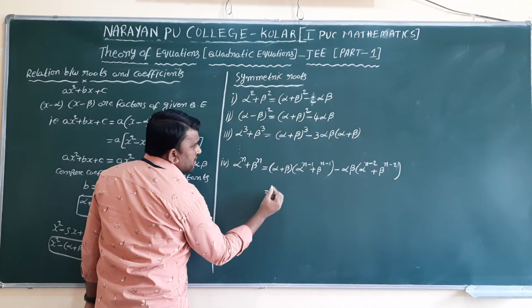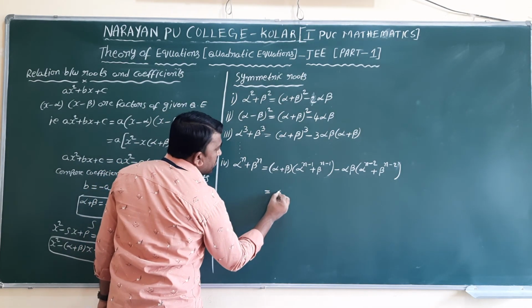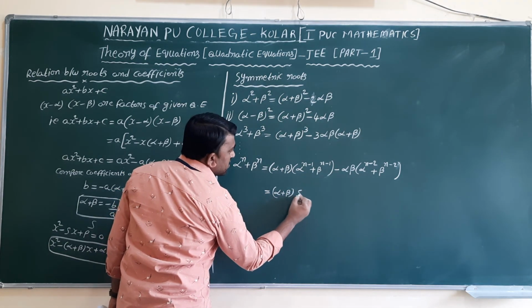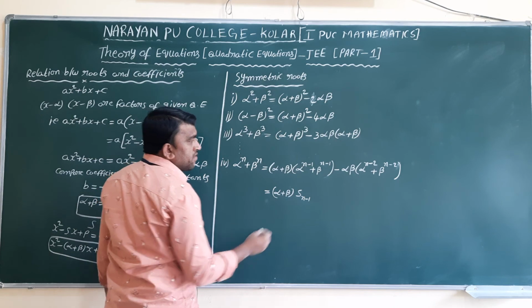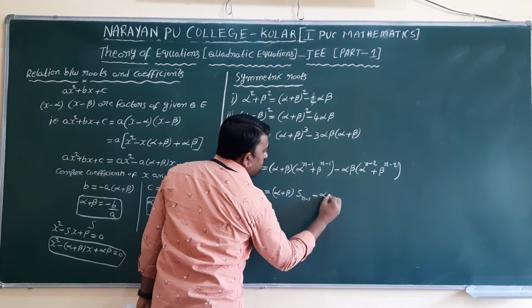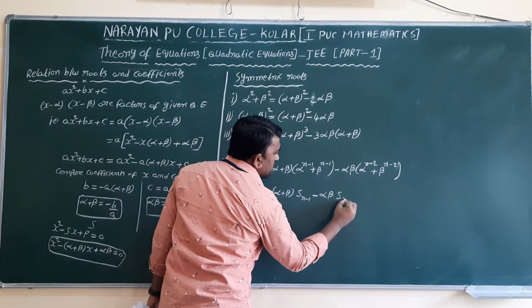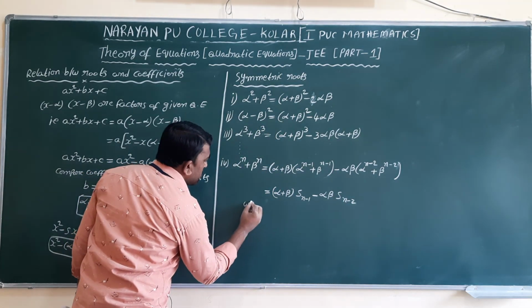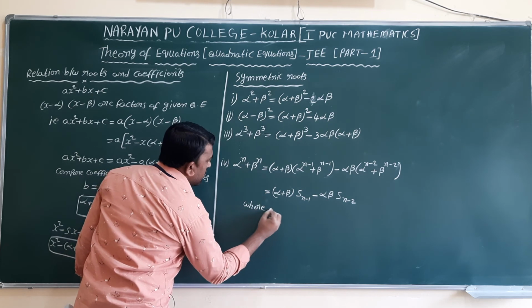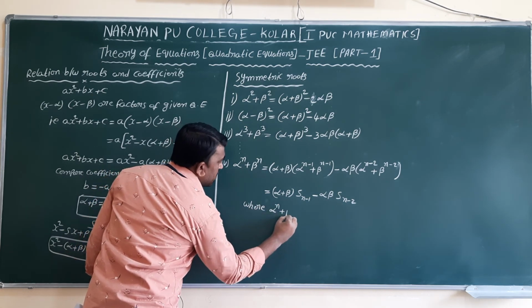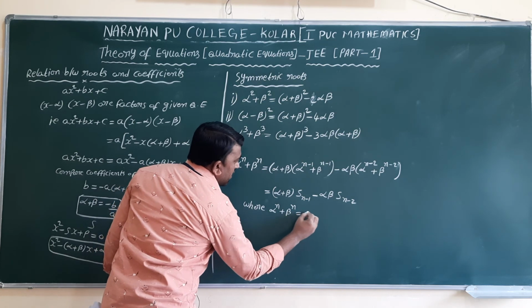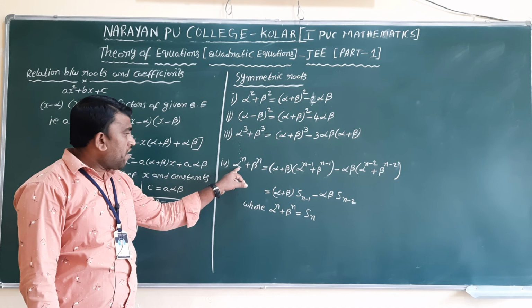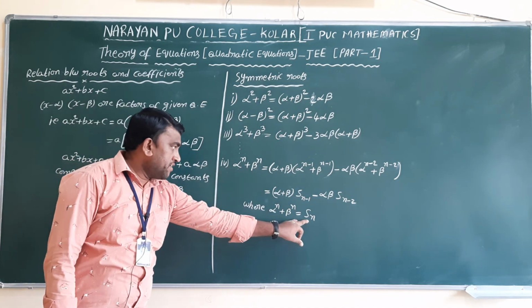Also we can write this as alpha plus beta into S n minus 1 minus alpha beta into S n minus 2, where alpha power n plus beta power n we can take as Sn.